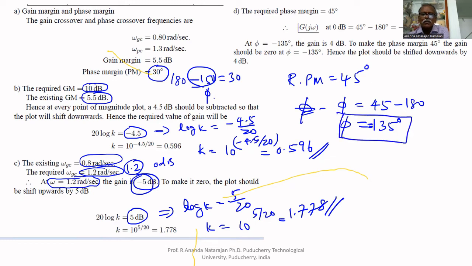How did we get this? We know that phase margin equal to 180 plus phi. Therefore, phi equal to phase margin minus 180. Given phase margin is 45 degree, so minus 180, therefore, you are getting minus 135. At 135, what is the gain? We have to see.